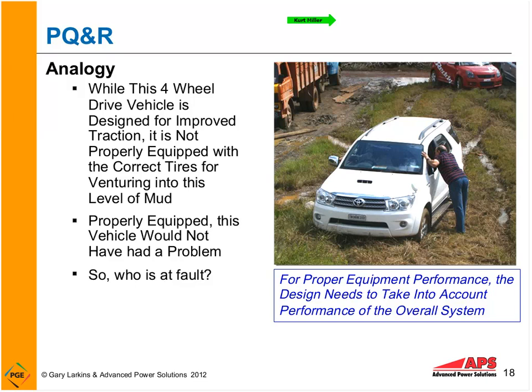Was it the salesperson at fault? Or was it the manufacturer that said this was a great four-wheel drive, could take you anywhere you wanted to go? You see what I'm saying here is that information needs to be discussed, the use of equipment, etc. Properly equipped, this vehicle would not have had a problem. So this is why we need to look at the bigger picture.